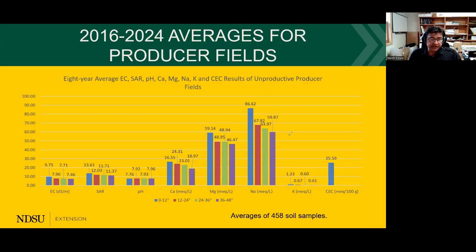Average SAR is 13.61. And look at the ratio of calcium versus magnesium and sodium. Sodium is at the highest levels, followed by magnesium and then calcium. This should be the other way around. Calcium should be the highest cation in our soil chemistry, followed by magnesium and then lastly, sodium.